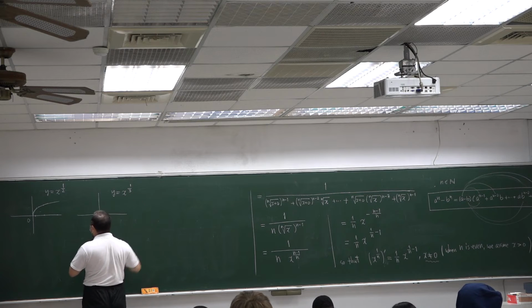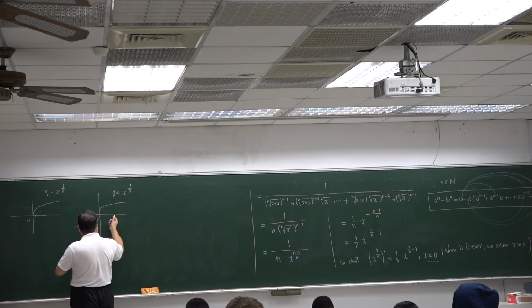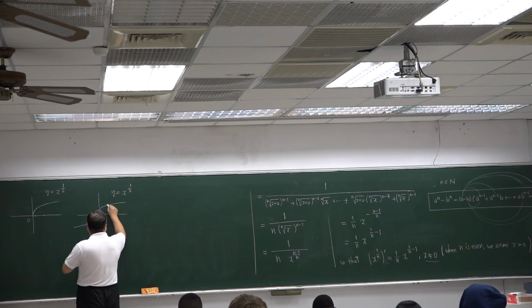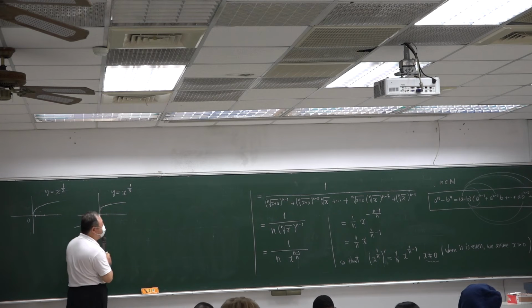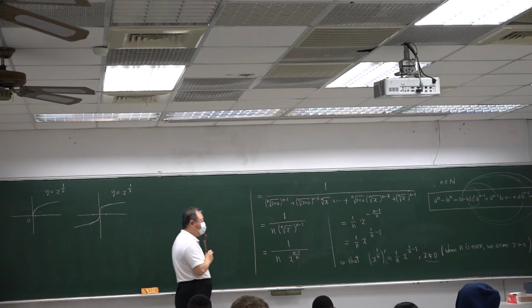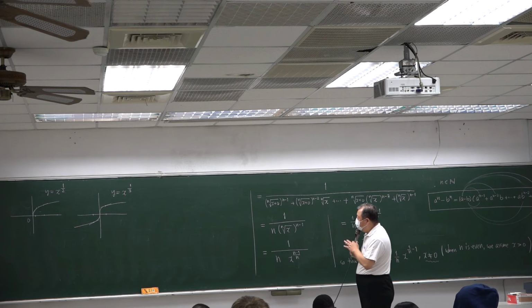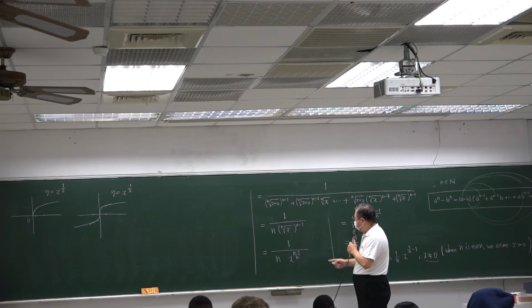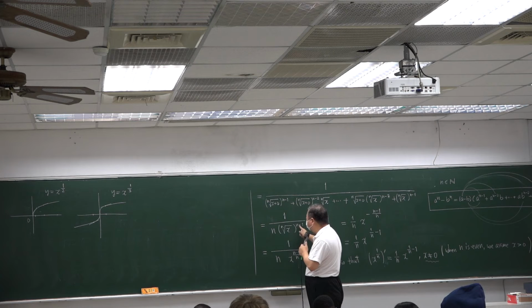Okay, this is an odd number. If x is not 0, here or here, the tangent exists and is not vertical. Therefore, we have this formula. This is even, no wonder.